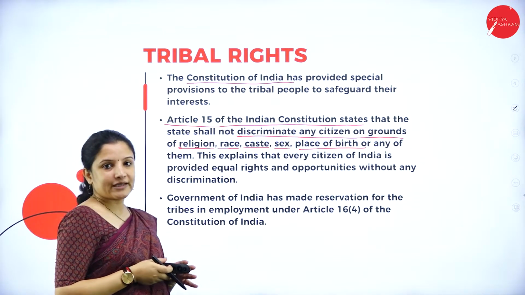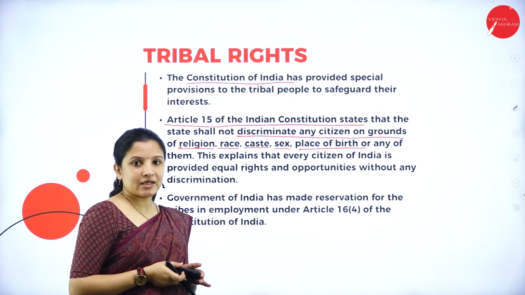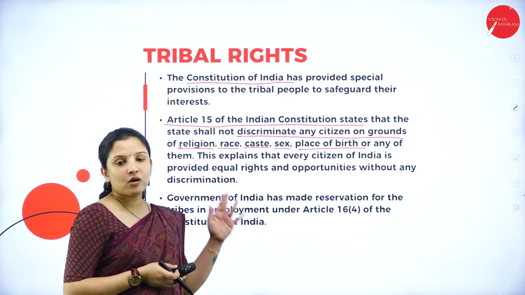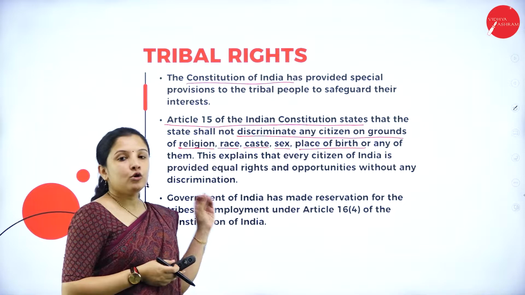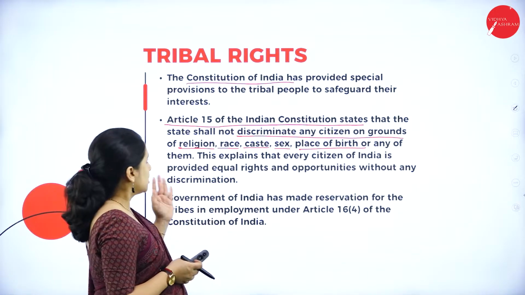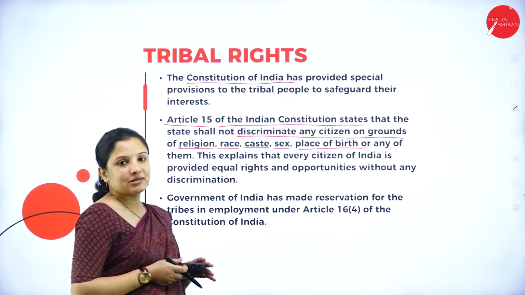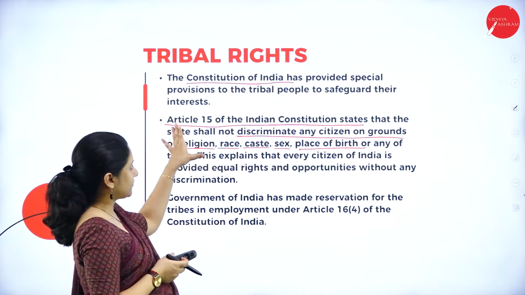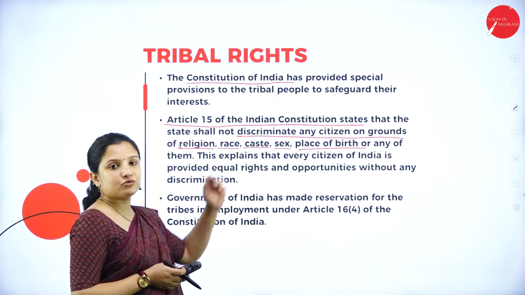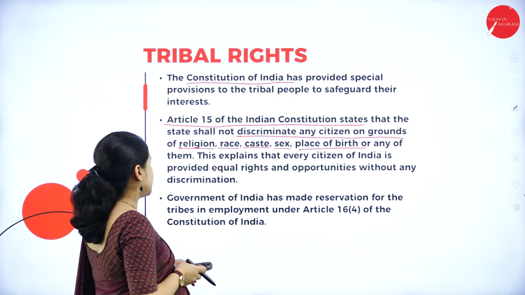This explains that every citizen in India is treated equally and has to be given equal rights and opportunities, no matter whatever religion, caste or background they belong to. So that is what it states in Article 15. Article 15 is one of the important articles which frames some rules and regulations for the tribal population.